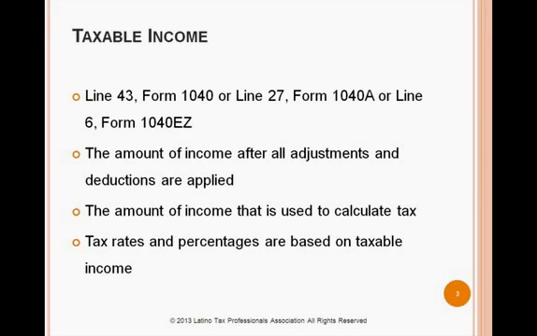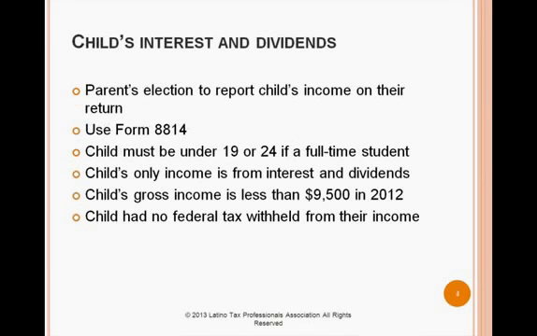That's the minimum amount of income that you have to pay tax on. Then you use the taxable income to determine the amount of tax you are liable for. Tax rates and percentages are based on taxable income.